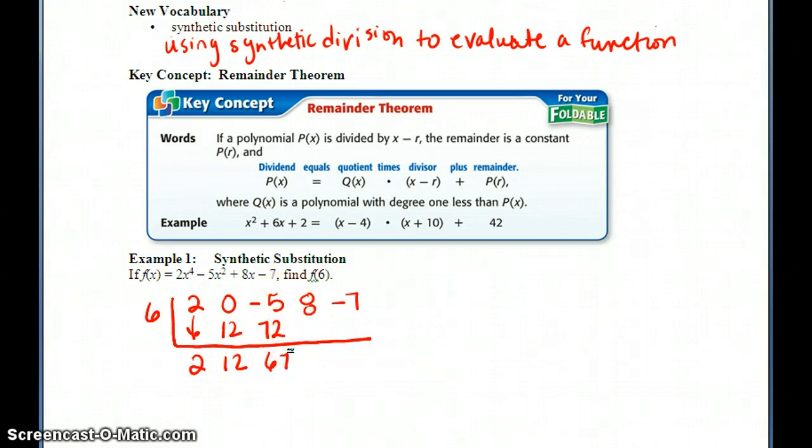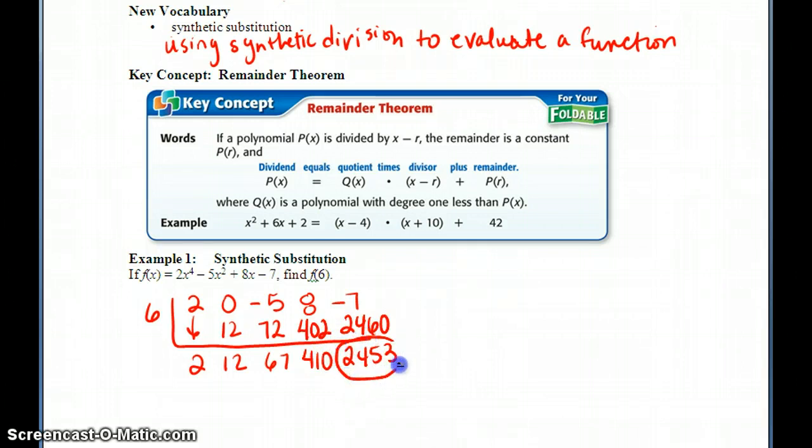Oh, brother. And 6 times 67 is 402. 402 plus 8 is 410. 410 times 6 is 2460. Minus 7 is 2453.